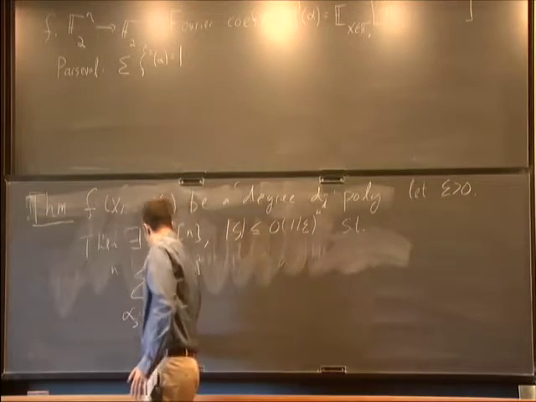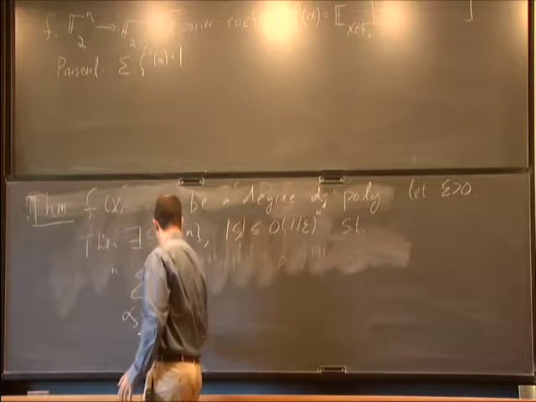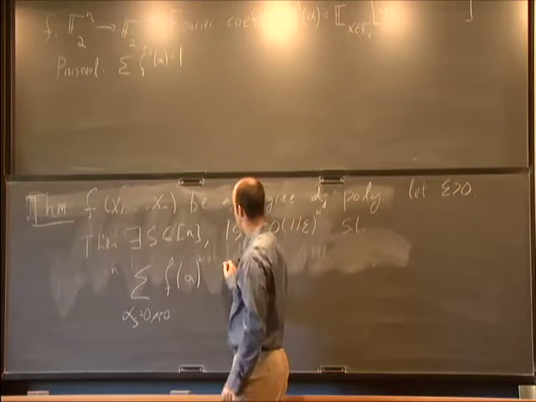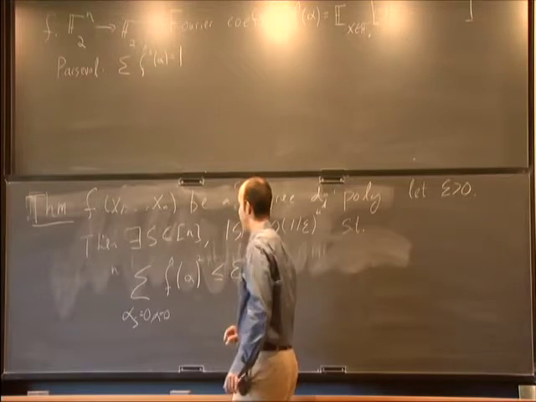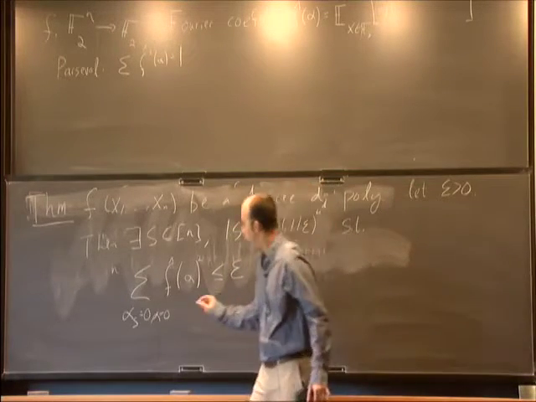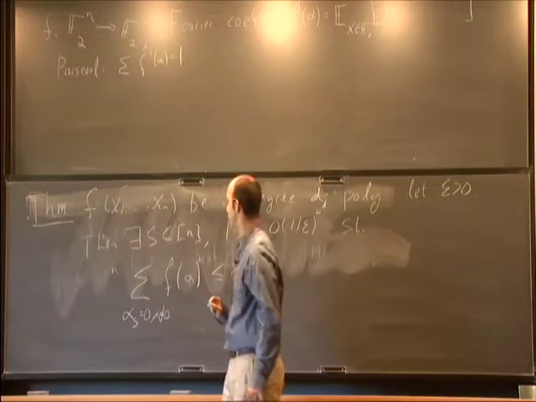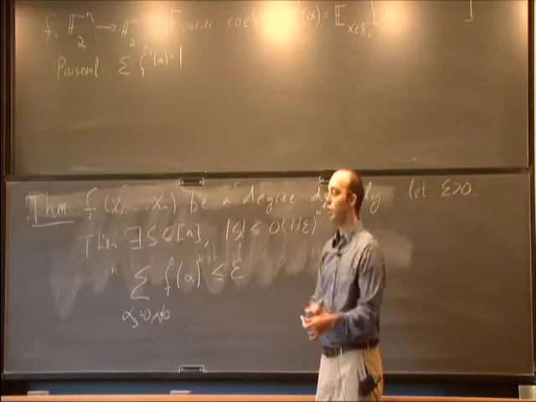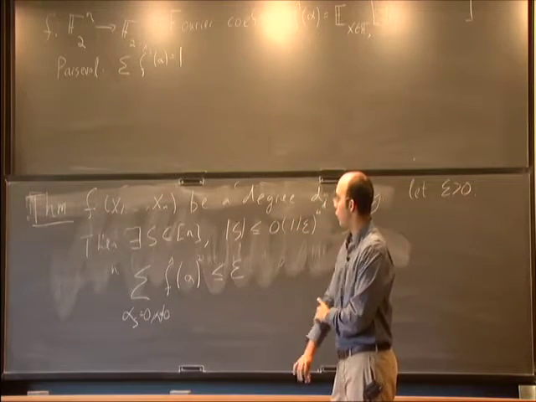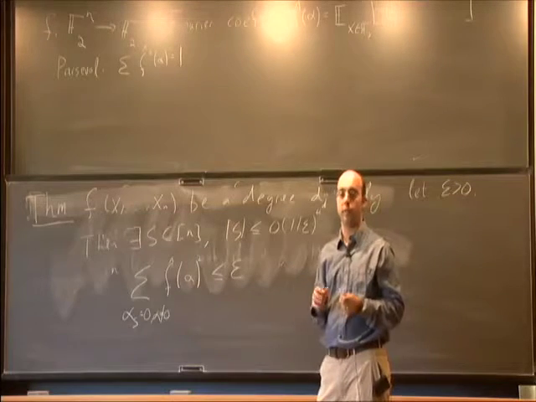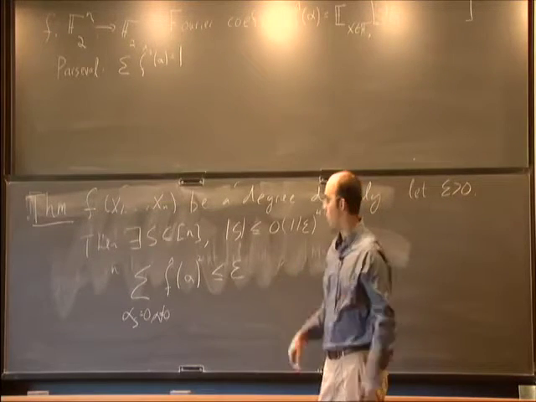So alpha is not 0. This sum is at most epsilon. So if we sum over all these Fourier coefficients, we'll get at most an epsilon fraction of the mass. So that's the theorem that I'll show today.